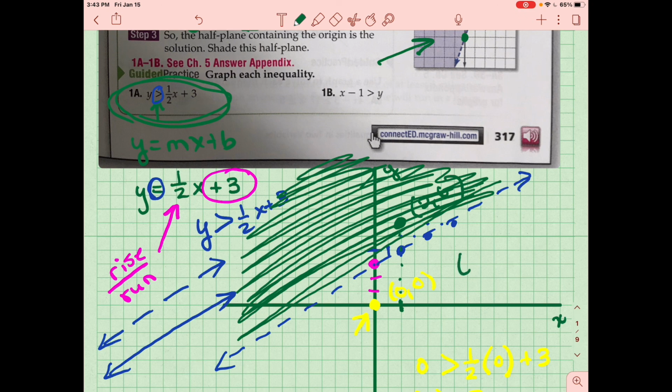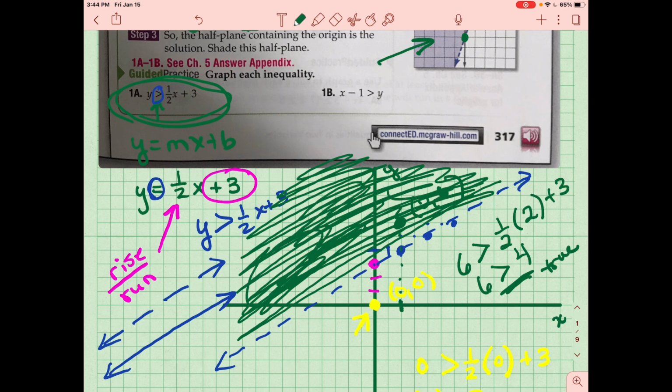I would have 6 is greater than 1/2 times 2, that was my x, plus 3. And I would have 6 is greater than 1/2 times 2, happens to be 1. And plus 3 is 4, and yes, 6 is greater than 4. So I know that all of my solutions live up here that make this a true statement.